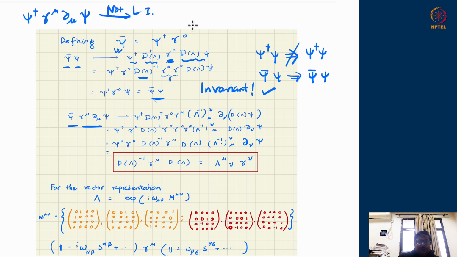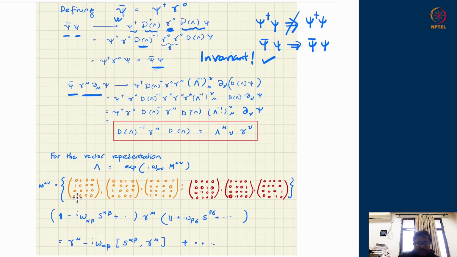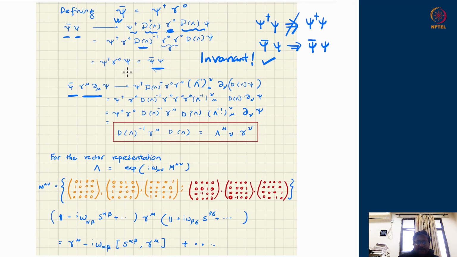But if I correct it to psi bar gamma mu del mu of psi, then you will see, as will be clear in a minute, that if I do the transformation, this psi bar will pick up a D dagger inverse. This del mu will transform under Lorentz transformation as a covector, so it will have this transformation law, and this psi will transform as a matrix transformation like this.